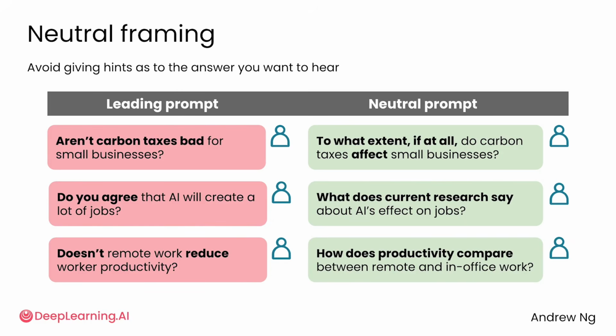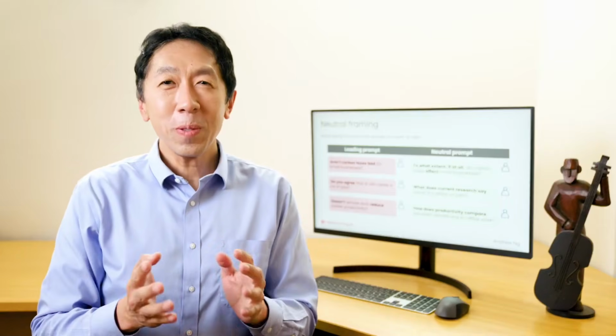One common pattern is to lay out two options, such as remote and in-office work, and just ask it for pros and cons of the two, without hinting which of the two options I am hoping will come out ahead. So, instead of "Don't you think that was the best video ever?" ask, "What do you think of the pros and cons of the videos you just saw?"